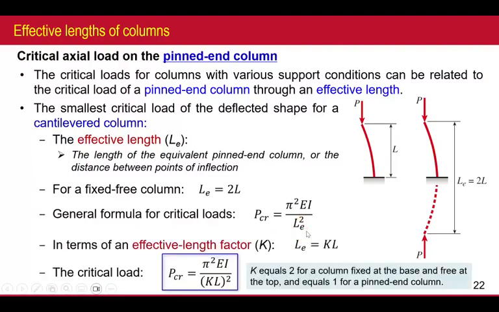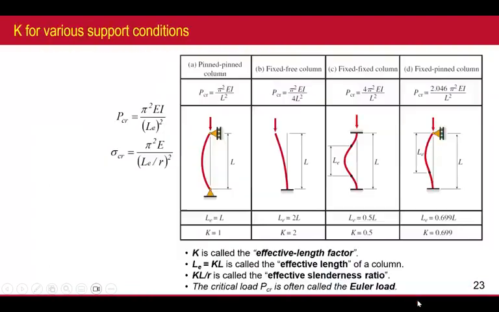For different situations, the effective length factor K will be put inside. If K is equal to 2, as we learned before, if equal to 1 it is pin and pin. But this is the key thing.